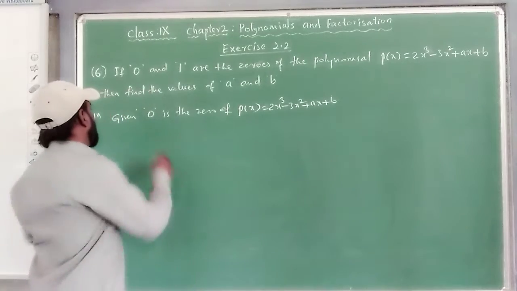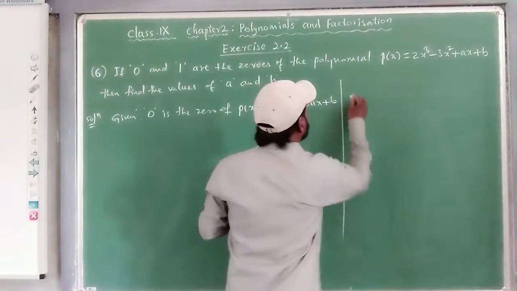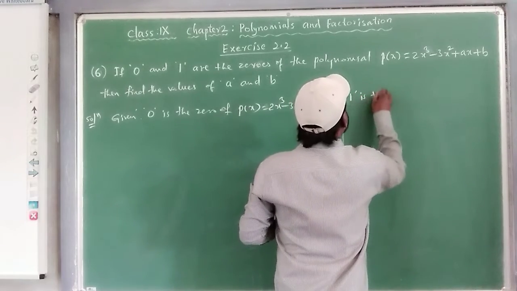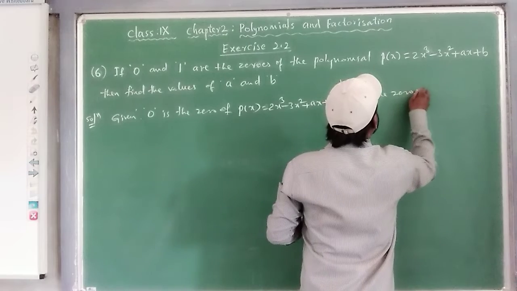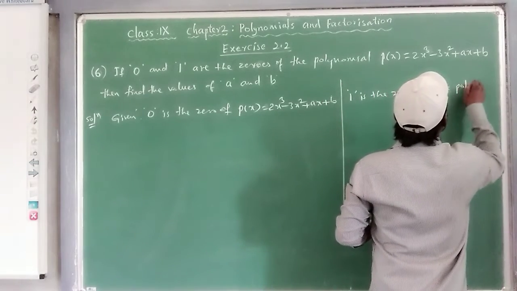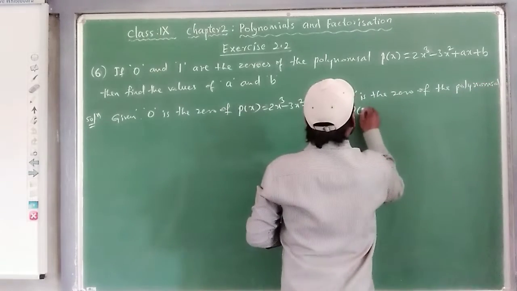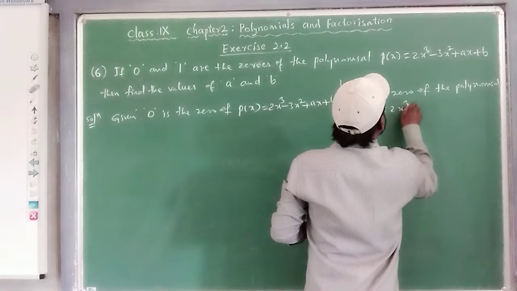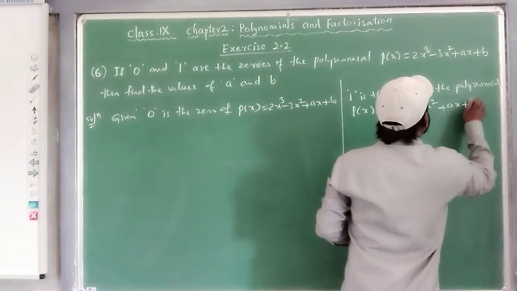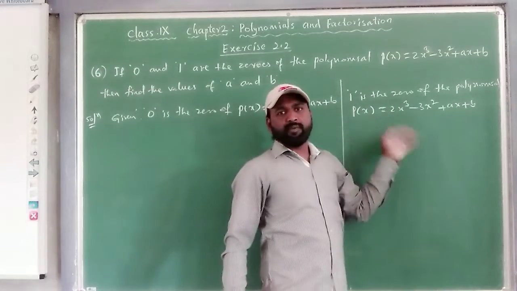This is one. And 1 also is a zero of the polynomial p of x is equal to 2x cube minus 3x square plus ax plus b.